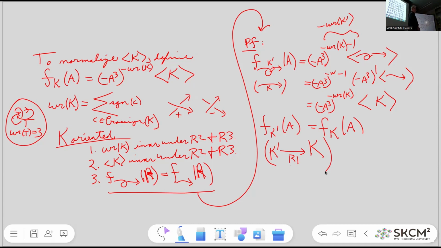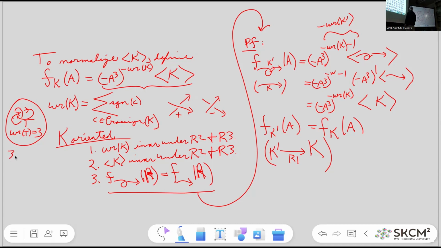I just set it up so it would be, of course, but I'm verifying for you that it works. This normalization works. It works because writhe is invariant under Reidemeister 2 and 3, and bracket is invariant under Reidemeister 2 and 3. So that means that their product is invariant under Reidemeister 2 and Reidemeister 3. And by 3, f is invariant under Reidemeister 1.